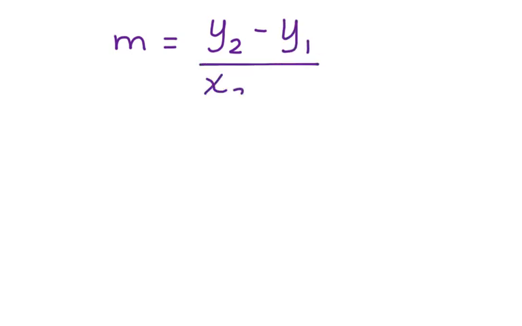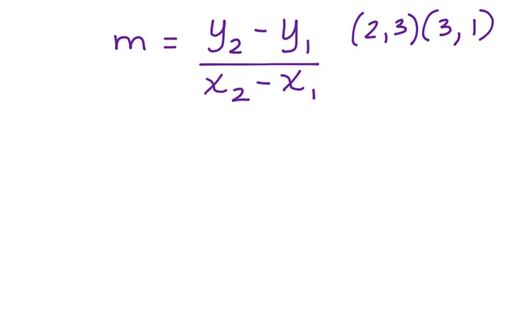The slope formula says that the slope m is equal to the y2 coordinate minus the y1 coordinate divided by the x2 coordinate minus the x1 coordinate. And we know that line A passes through (2, 3) and (3, 1).